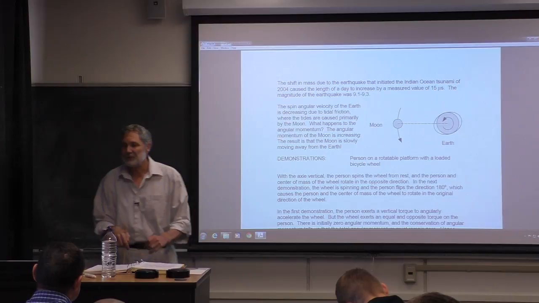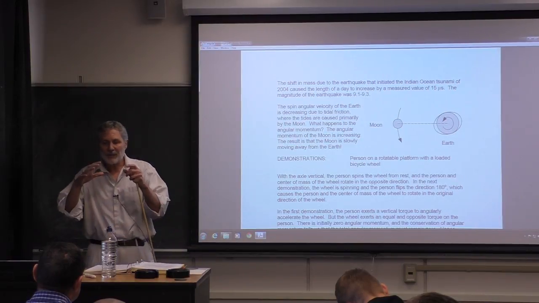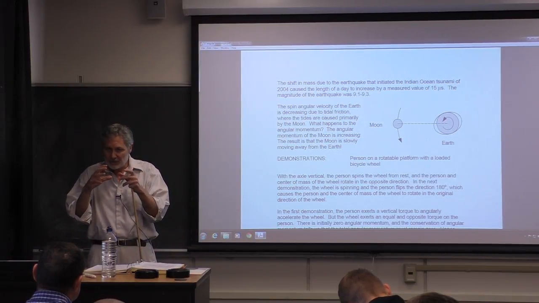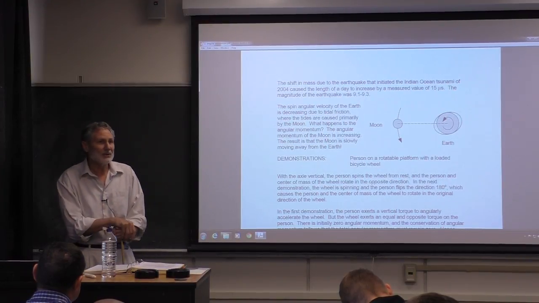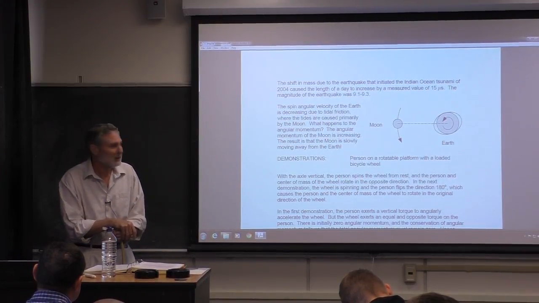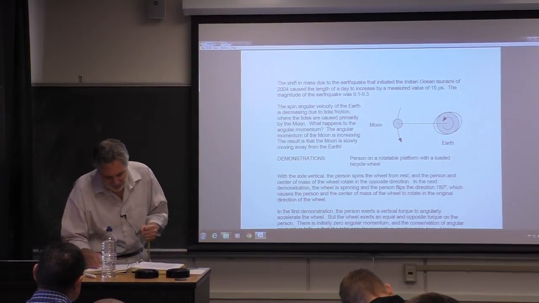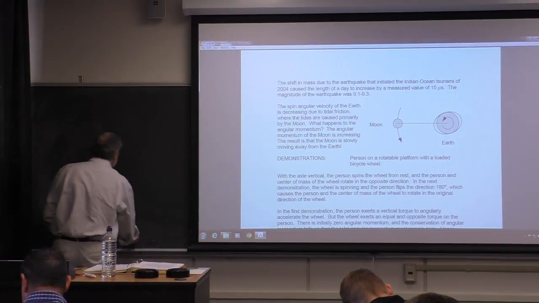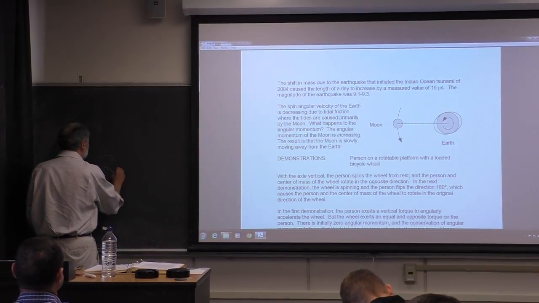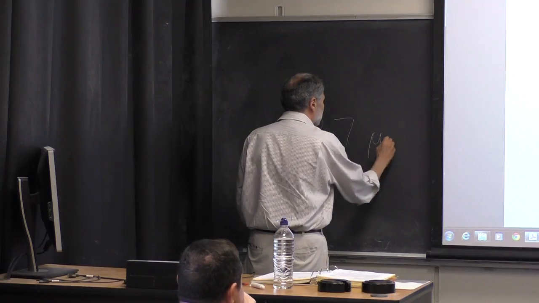But that was due to the tides. The earthquake itself caused a redistribution of mass on the Earth. The effect of that was to actually shorten a day by 2.7 microseconds. That's calculated. So that's what we're interested in here. We're not interested in the tidal effect.